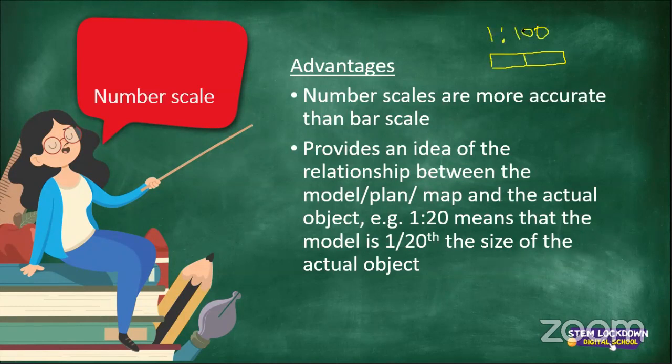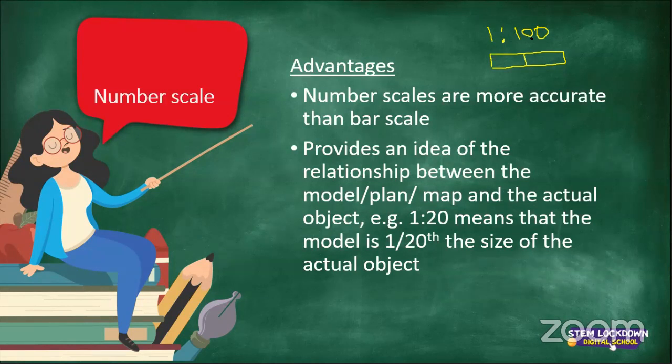So this one is more accurate than this, right? And then another advantage is it provides an idea of the relationship between the plan and the actual object. So for example, 1 is to 100. So you know that the picture or your map will be 100 times smaller than the actual area.